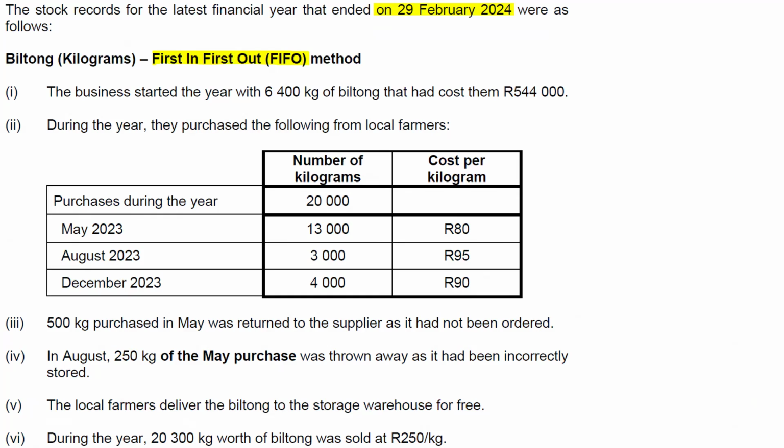Now that was the first one to come in, and therefore it will be the first one to be sold, right? First in, first out means that. They gave us the units as well as the rand value. This is our opening stock.